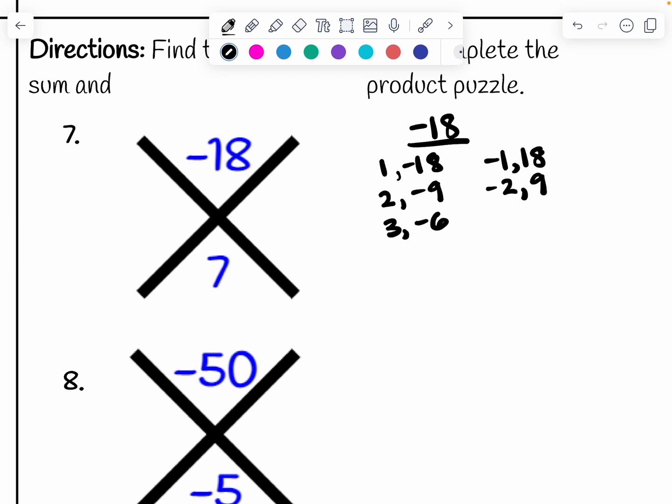Positive 3, negative 6, or negative 3, positive 6. And that is it. 4 and 5 are not factors. So which of these pairs add up to positive 7? That would be negative 2 and positive 9.